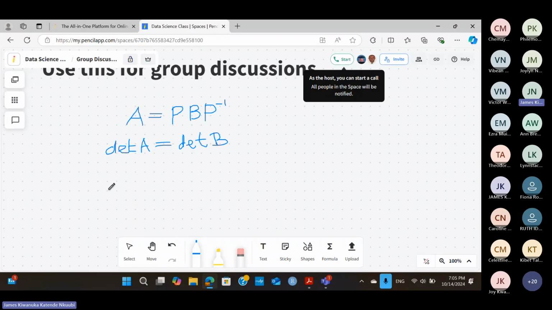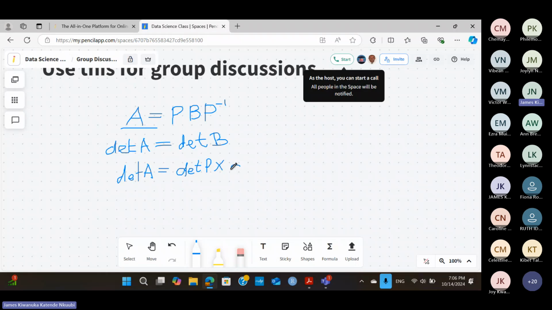So it's easy to see this because if I get a determinant of A on this side, since this is a product of matrices, I will simply multiply out the matrices because that's a property for matrices.